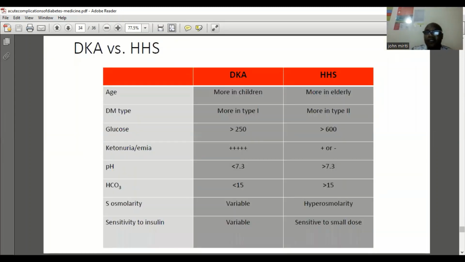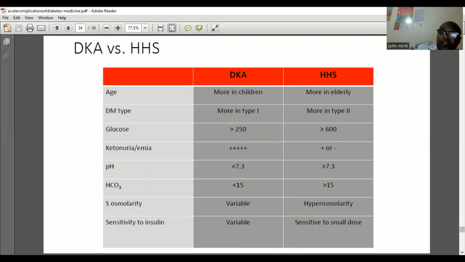So let us see DKA versus hyperosmolar syndrome. DKA is very common in children, whereas hyperosmolar syndrome is very common in the elderly. DKA is very common in type 1, whereas hyperosmolar is type 2.